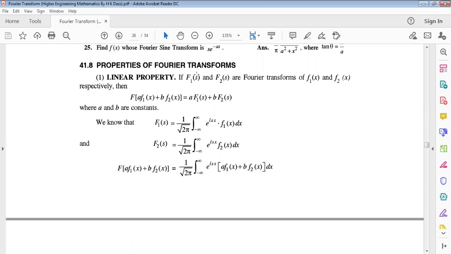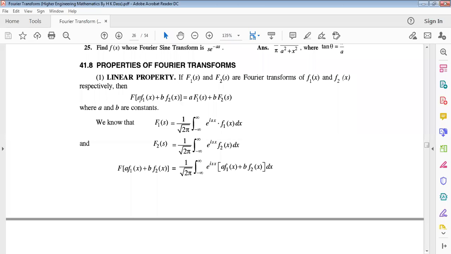If f1(s) means the Fourier transform of the first function, and this is the Fourier transform of the second function, respectively.